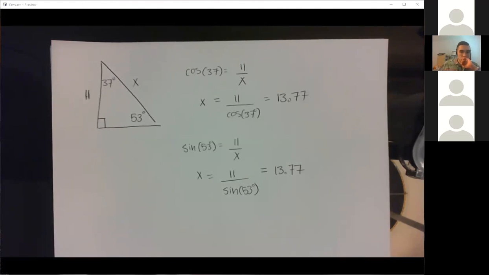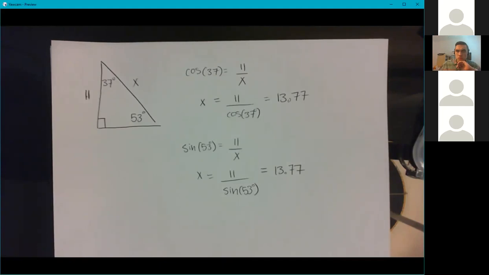I still got the same answer. I did cosine 37 equals 11 over x, and then I multiplied it by 1 over 11 so that I would get the 11 out, and then I multiplied both sides by that.